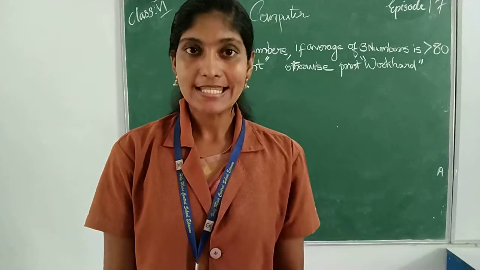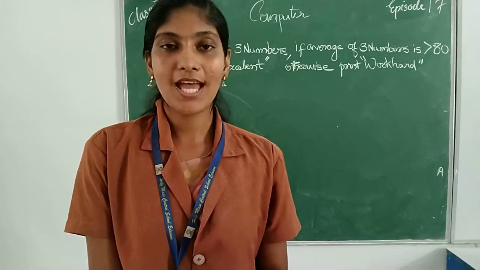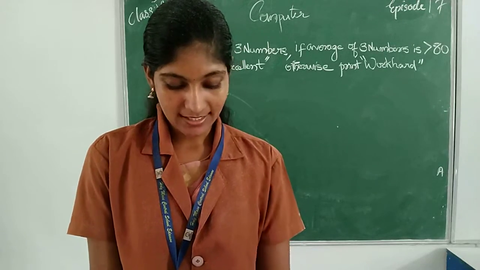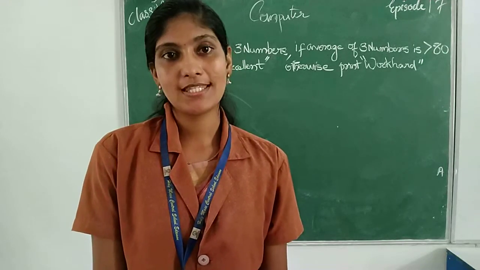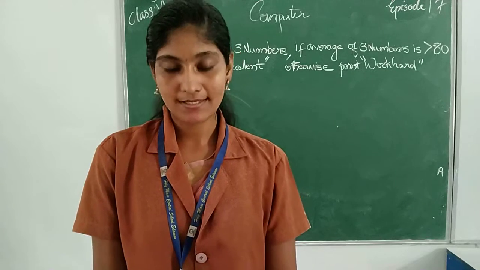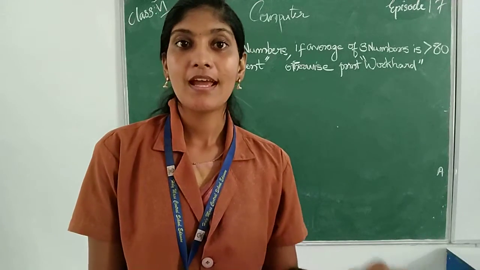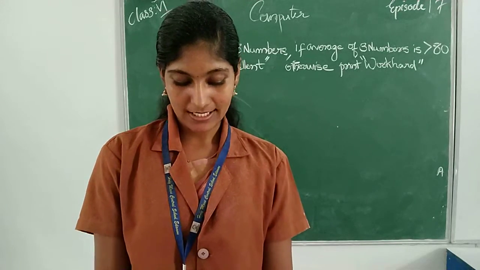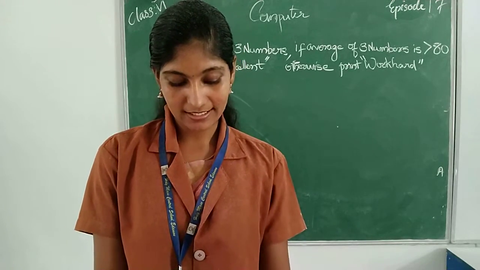First clear screen, that is CLS. Then we have to input 3 numbers. So let's take x, y, z. Then sum. So s is equal to x plus y plus z. Then if s greater than 80, then print excellent, else print work hard.